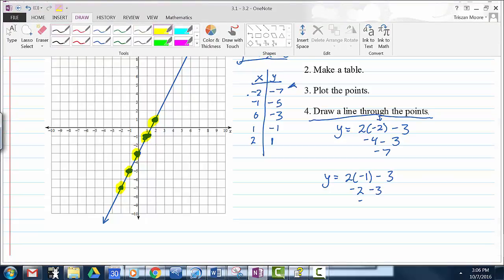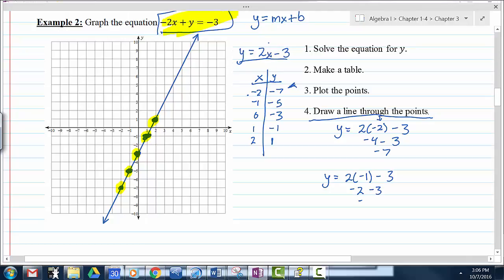If you don't see that, let's say I write the equation over here that we have, negative 2x plus y is equal to negative 3. And I plug in one of those points, say negative 1, negative 5. That's negative 2 times negative 1 plus negative 5. We're going to see if that equals negative 3.